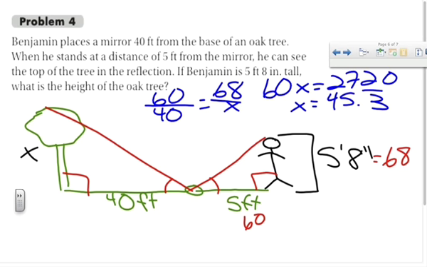And what I'm looking for here in this problem is what is 1/3 of a foot? It's 4 inches. So the prettier answer that you might want to give here would be 45 feet and 4 inches. And that is the height of the oak tree.